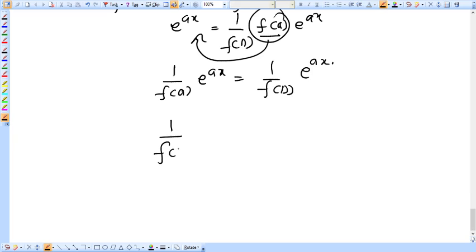We can write 1 upon f(D) e raised to power ax is equal to 1 upon f(a) e^ax.